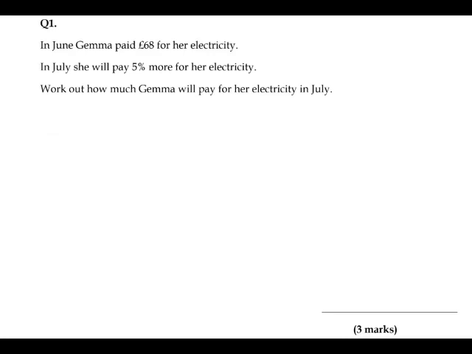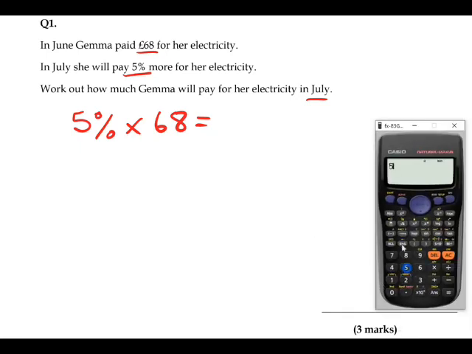Question 1. In June, Gemma paid £68 for her electricity. In July, she will pay 5% more for her electricity. Work out how much Gemma will pay in July. So we need to find out 5% of the £68 and then add this to our £68 for our 5% increase. So using our calculator, just to show you how this works, we put in 5, shift the percentage button of the £68.